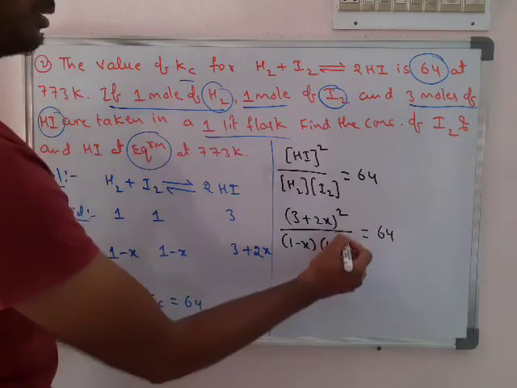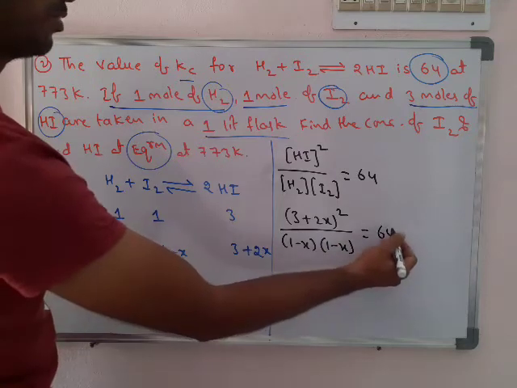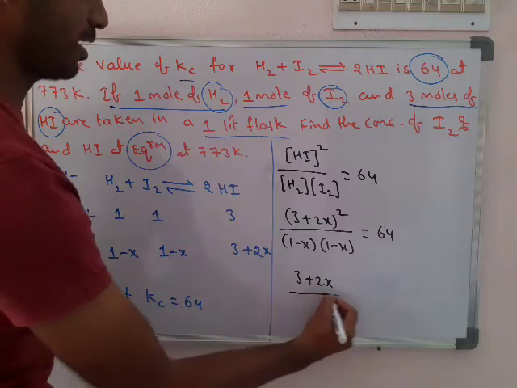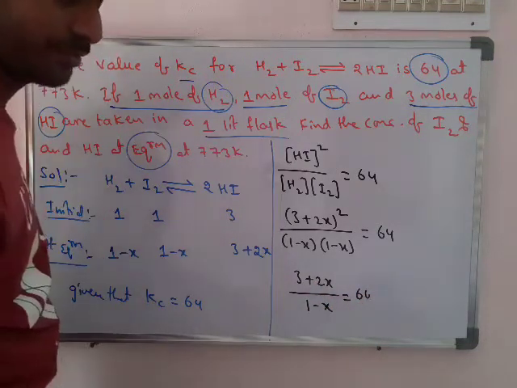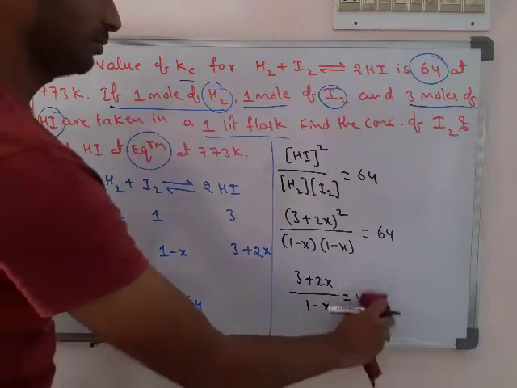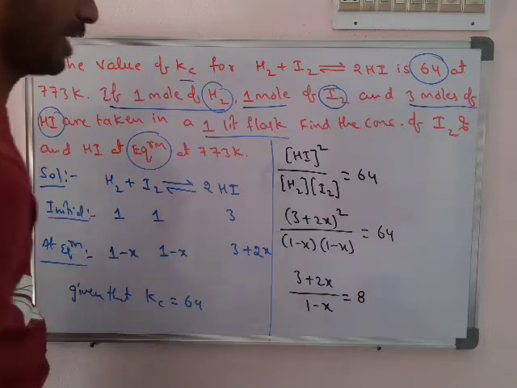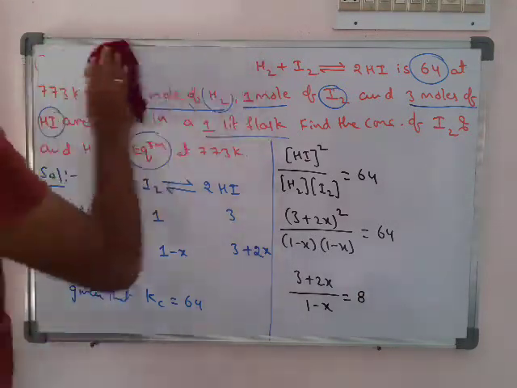So this is a square and the denominator also becomes a square. We can also write 64 as 8 squared. So finally it becomes (3 plus 2x) by (1 minus x) equals 8. Here we remove the square, and the root of 64 becomes 8. Next, on to calculation.